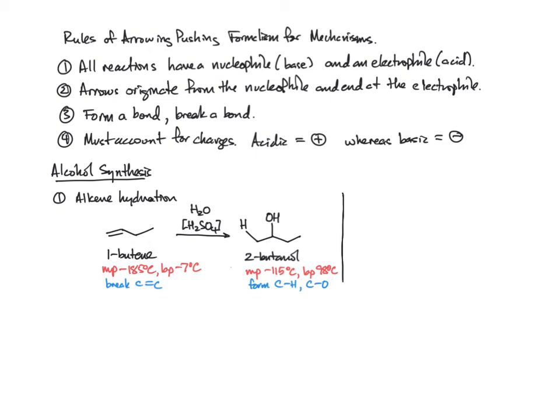So if we consider this mechanism, we actually see that we have a bifurcation point. If we call this the 1 position, the 2 position, where is the hydrogen atom going to end up, at 1 or 2?